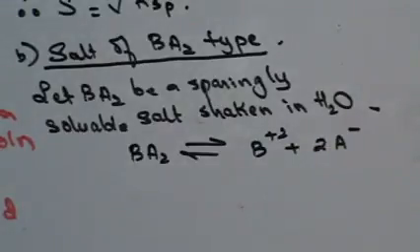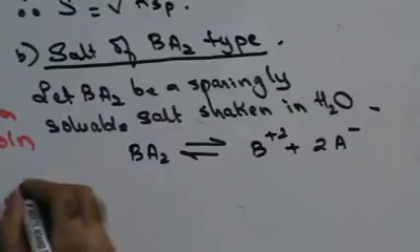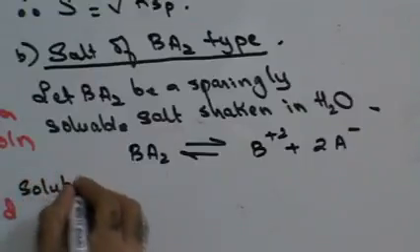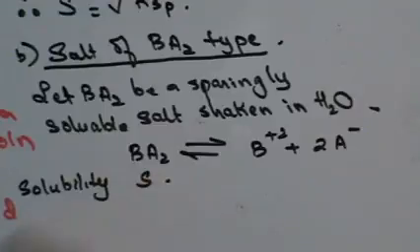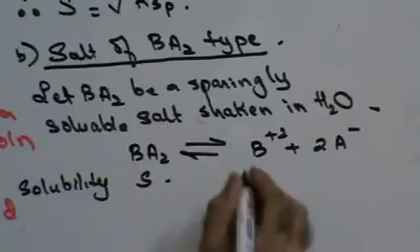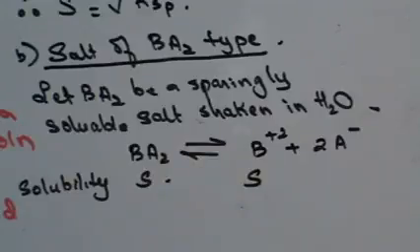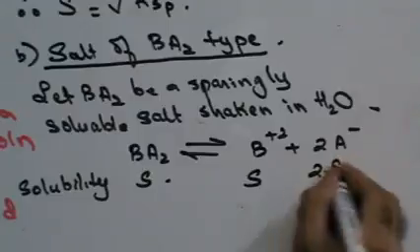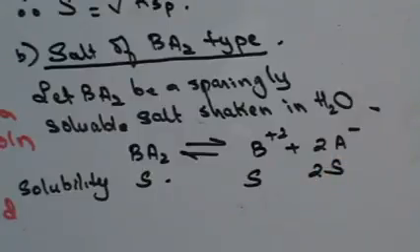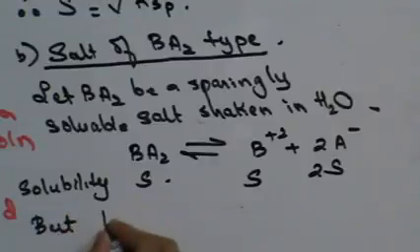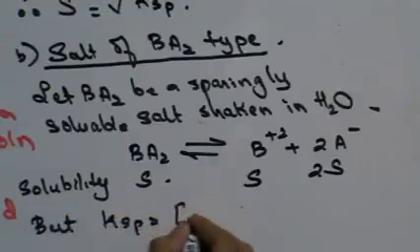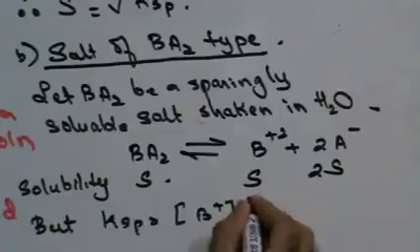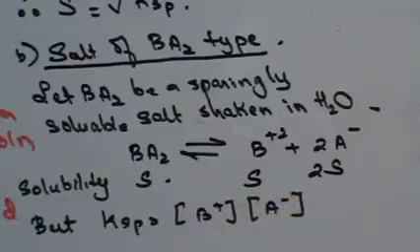Now if the solubility of BA2 is S, since I am getting one molecule of B, its solubility will be S. Since I am getting two molecules of A, its solubility will be 2S. We know that solubility product is nothing but the active mass of B plus ions into the active mass of A minus ions.